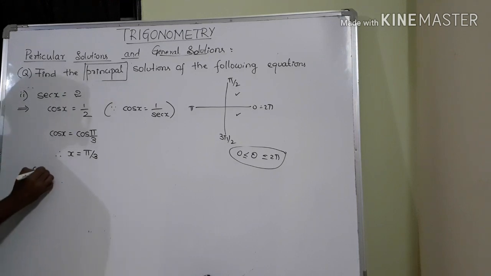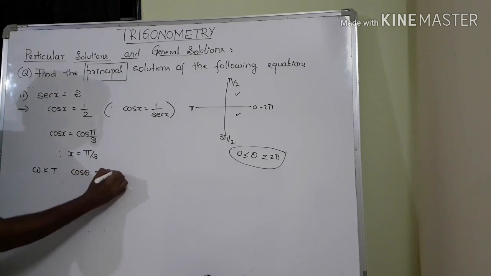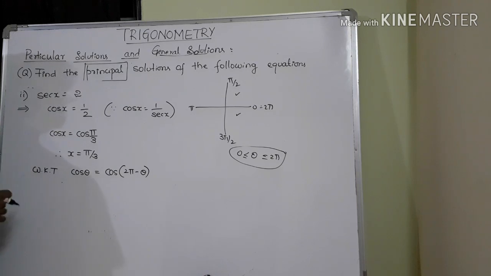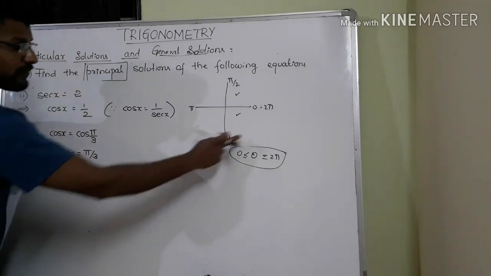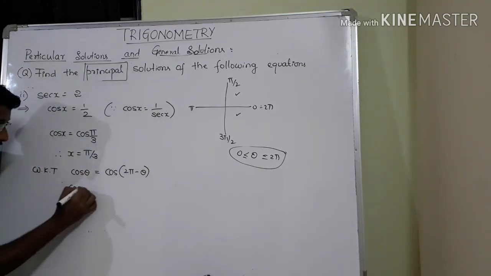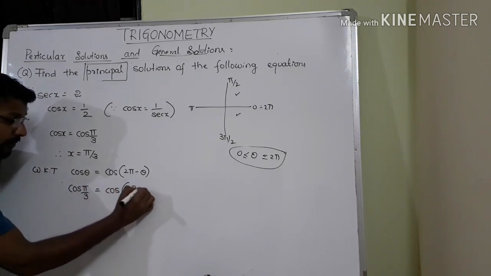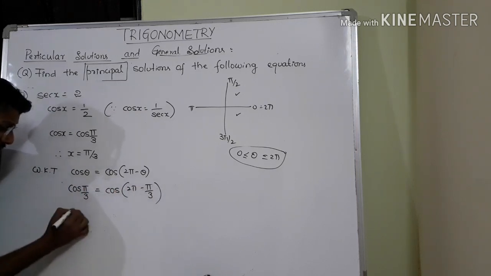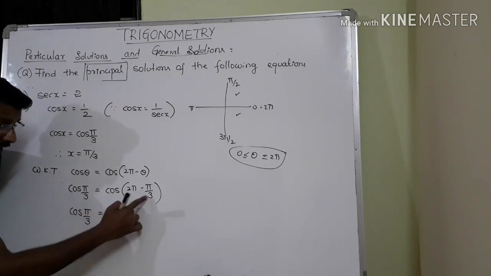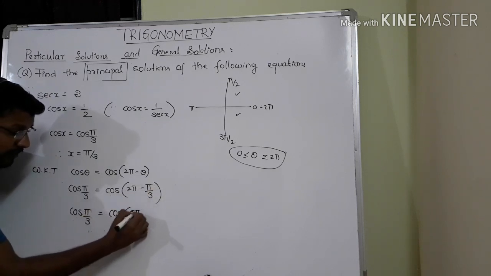And we know from the basics that cos of theta is equal to cos of 2 pi minus theta. Just now in the basics I told you, because 2 pi minus theta which comes in the fourth quadrant, and in the fourth quadrant cos is positive, so we can write this as cos of pi by 3 is equal to cos of 2 pi minus pi by 3, which we can write as cos of, if I take the LCM, 3 twos are 6 pi minus 1 pi is nothing but 5 pi by 3.